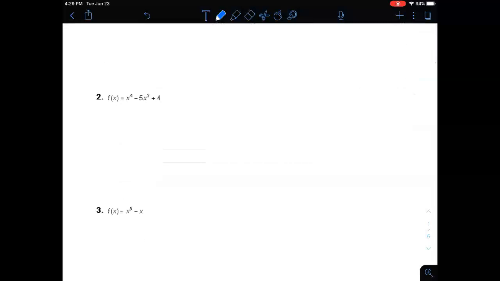All right, so if I look at number 2 here, it's asking us to state the x and the y intercepts for each function, okay? So first off, we know that at our y-intercept, x is going to be equal to 0.